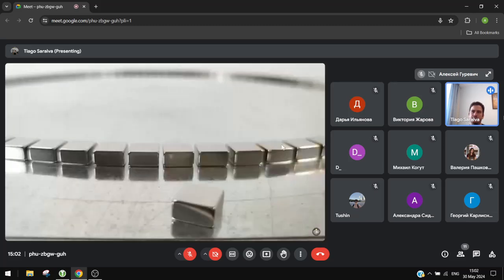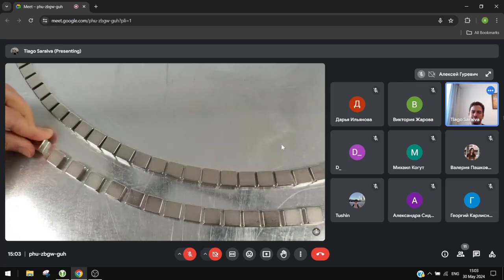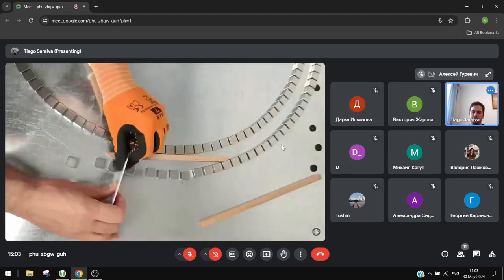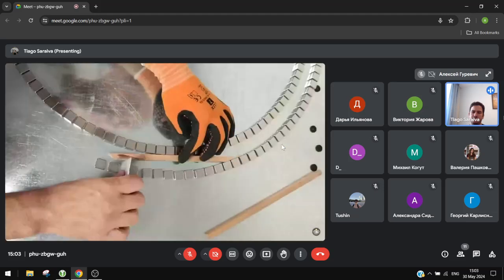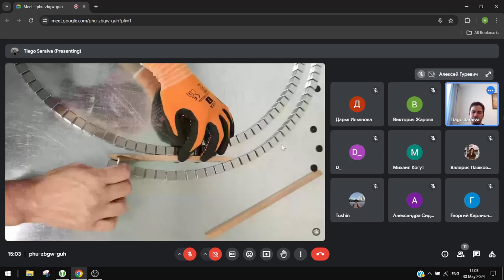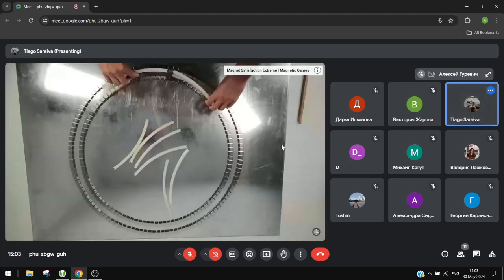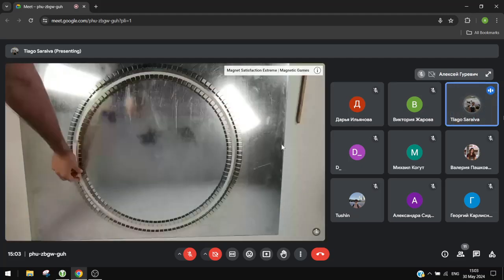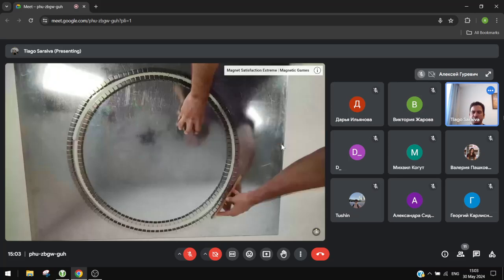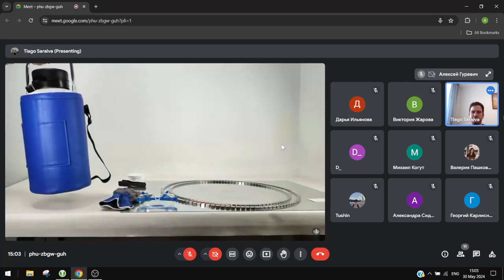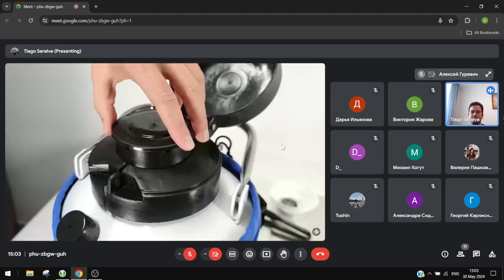He makes two pretty much round circles. Then he has a magnetic track, right?